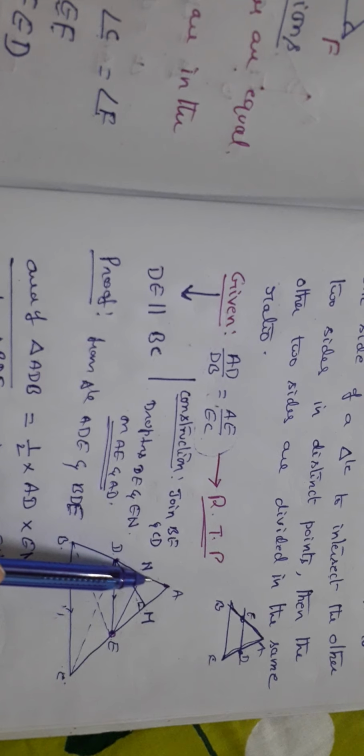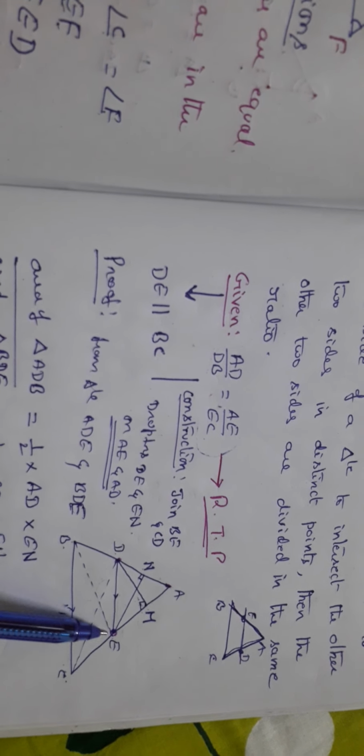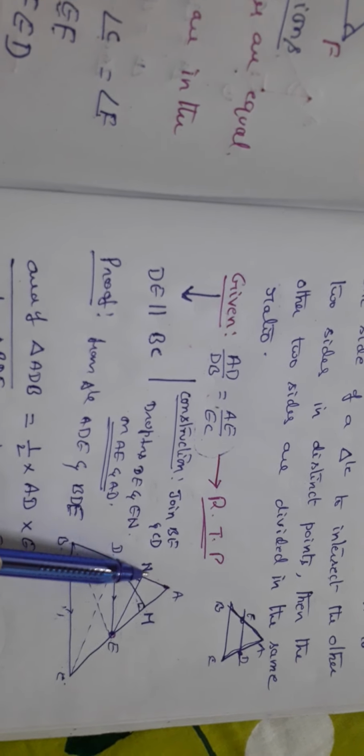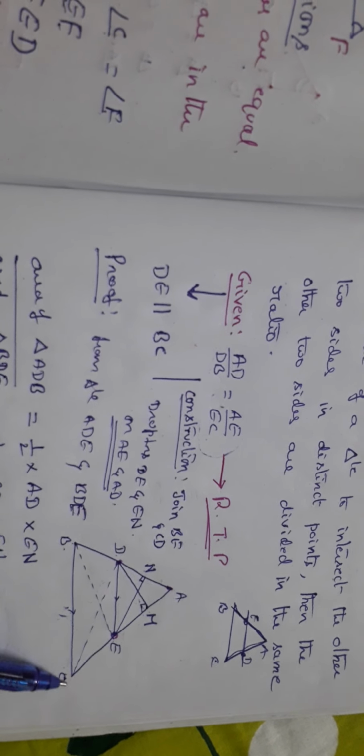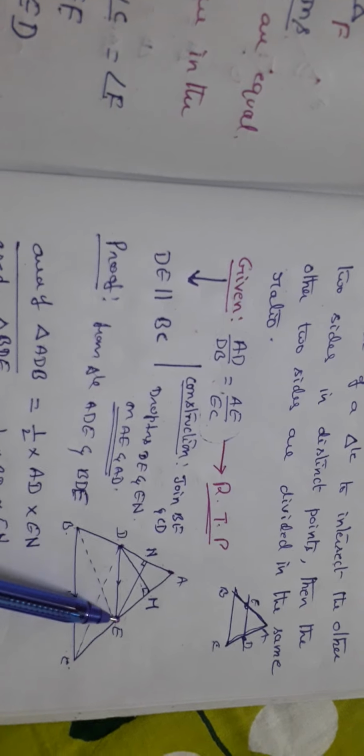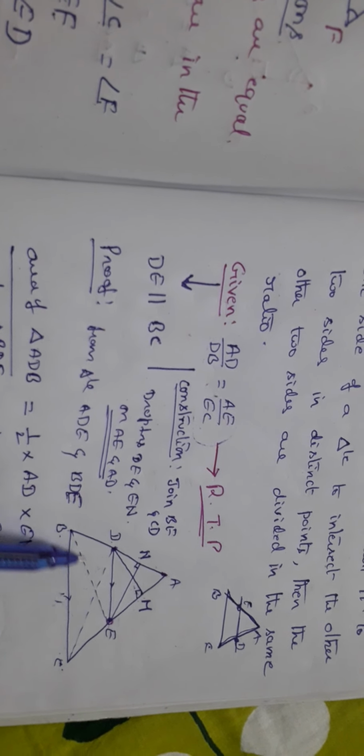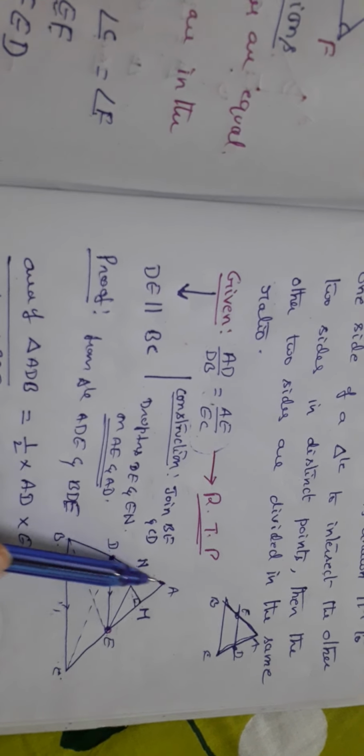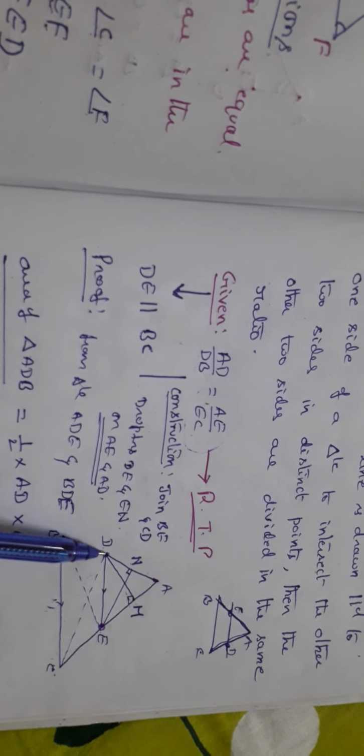You can also say that this is the altitude of this triangle also, and of the whole triangle. So that means this is going to be the height of this triangle, and the other one is this other triangle.